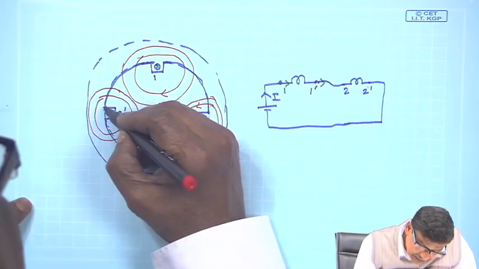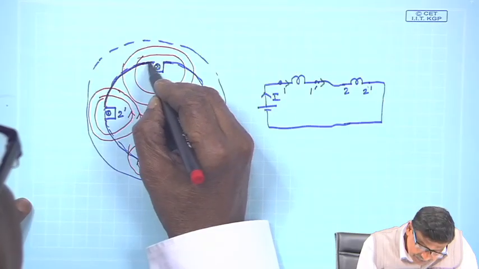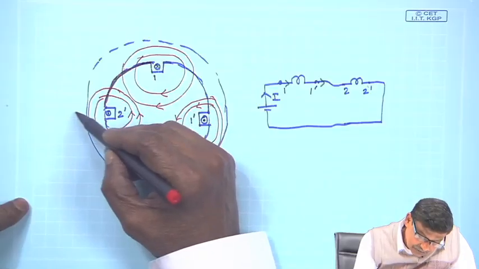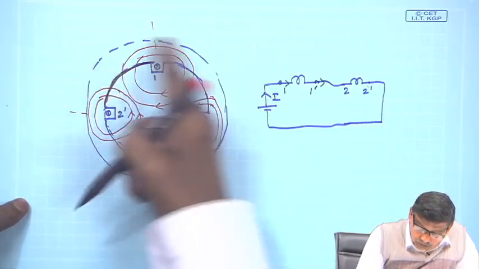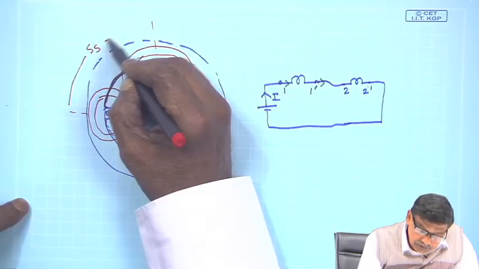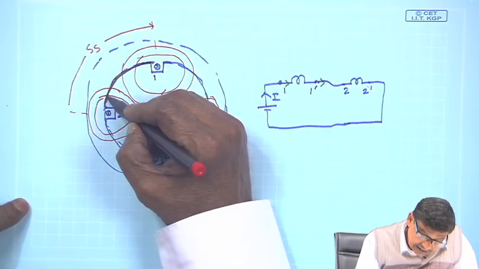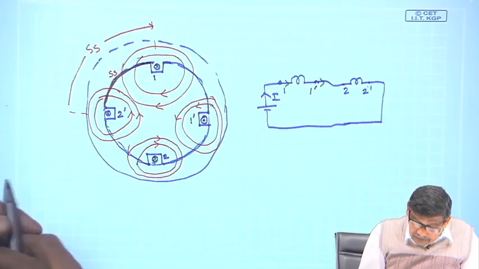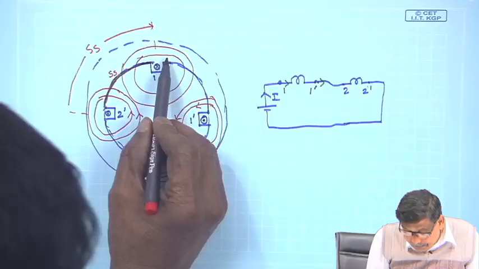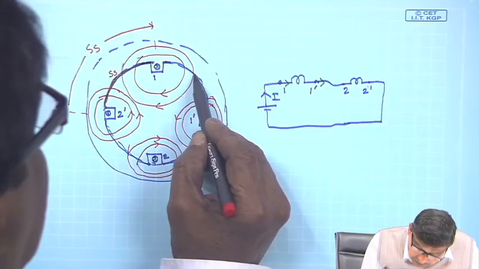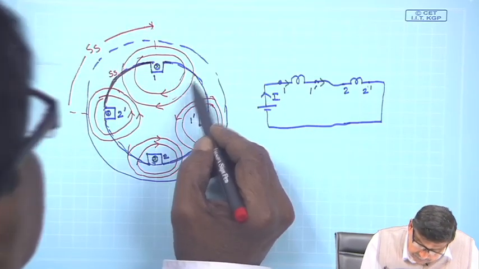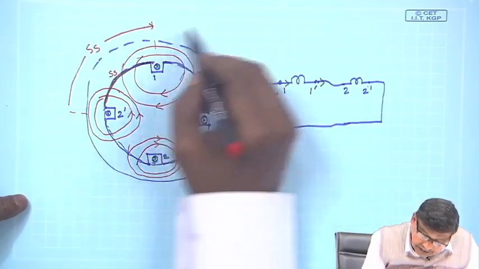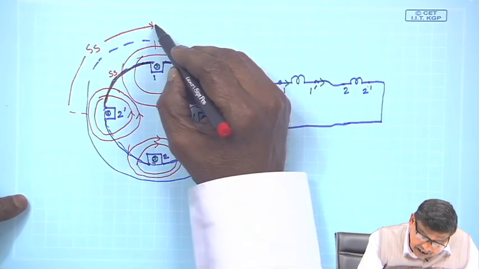Now, see this portion of the iron: lines of force are entering. So, this quarter of the total iron will behave like a south pole, this inner face, of course, a south pole. Look at this quarter: lines of force are coming out from this inner iron of the stator. Therefore, this must be a north pole.